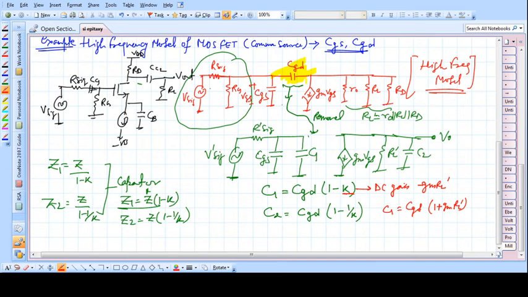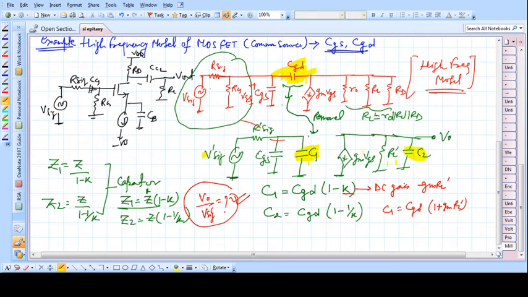So this one is one of the methods to derive V0 by V signal dash from this circuit in a very easy manner. If you put in the CGD, the circuit operation will be a little bit difficult, but the answer will come. But this is easily achieved by using the Miller concept, in which we replace the CGD with C1 and C2.